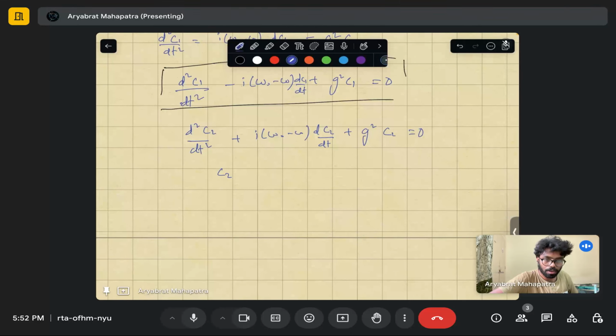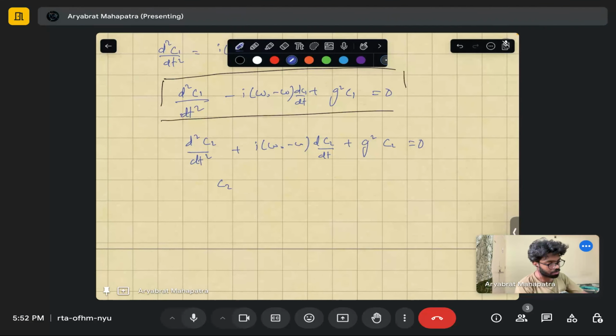This is a second order differential equation. I hope you are aware of the solution for this linear ordinary differential equation. These are not very difficult differential equations to solve. This is simply a second order linear ordinary differential equation.